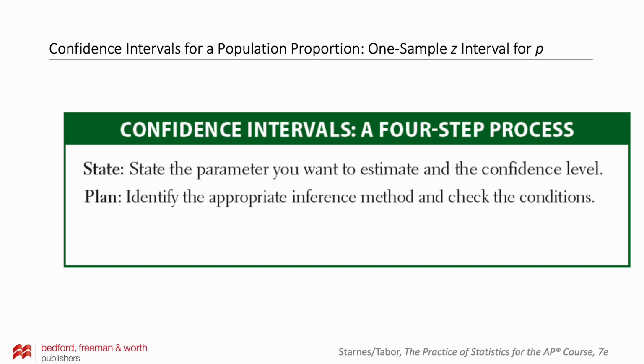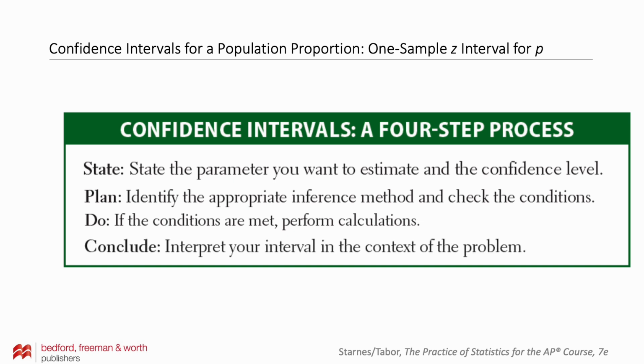Identify the appropriate inference method, which is extremely important, and then check the three conditions. The do, once the conditions have been met, then you're going to do your calculations. And then the last one is conclude. Interpret your interval in the context of the problem. So from now on, we're going to be doing state, plan, do, conclude in all of our problems.